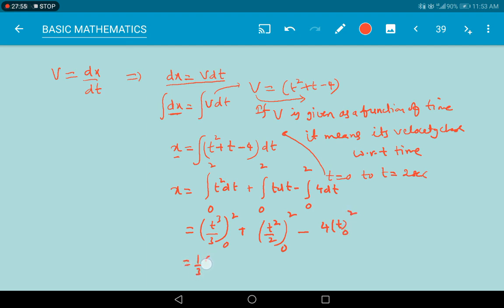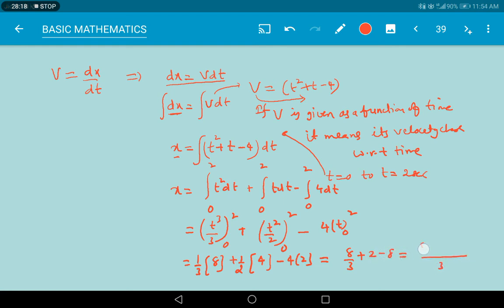So 1 by 3 outside. So 2 power 3, 8 minus 0, plus 1 by 2. So 2 square is nothing but 4, 0 square is 0, minus 4 into 2. So 8 by 3 plus 2 minus 8.